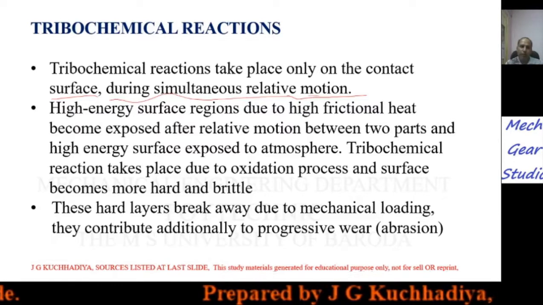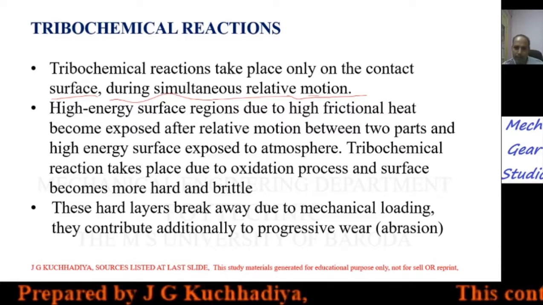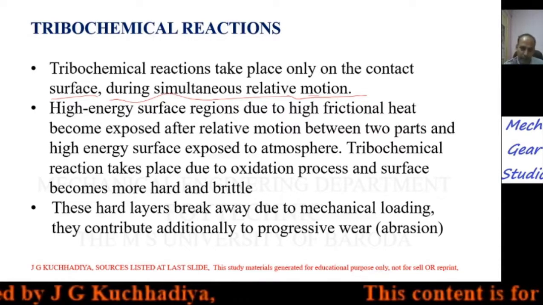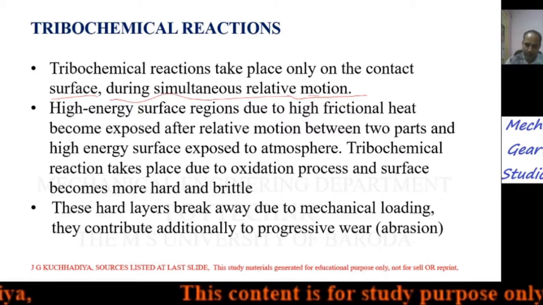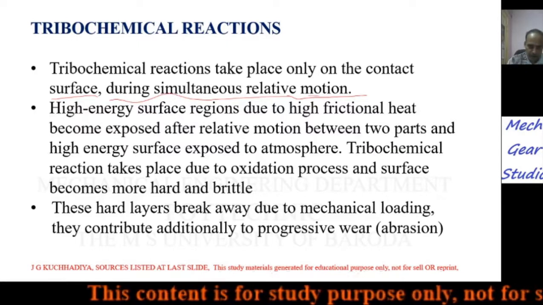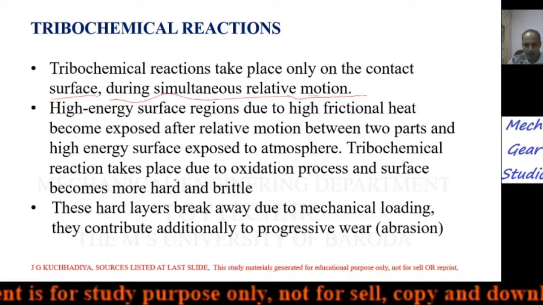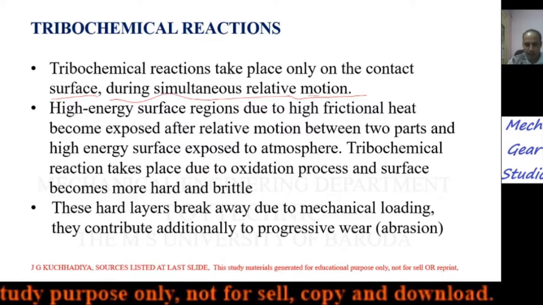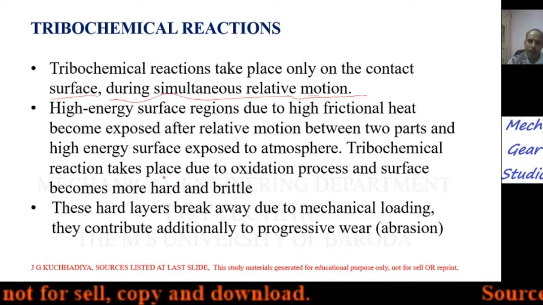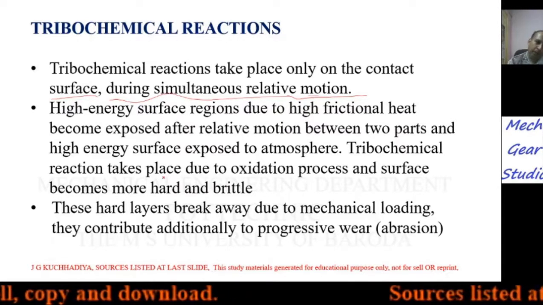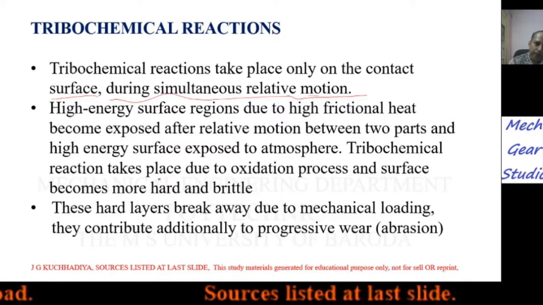If relative motion is higher, with some surface roughness, then heat generation is higher. But suppose we have prevented micro weld by selecting some material or some property of the surface, then micro weld will not take place, but heating of the surface is occurring.